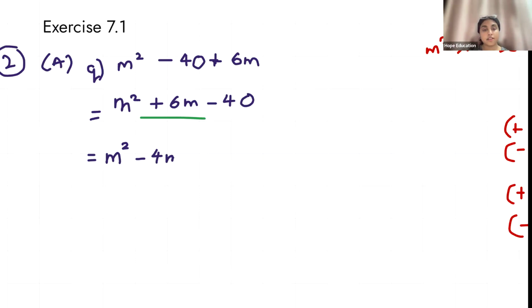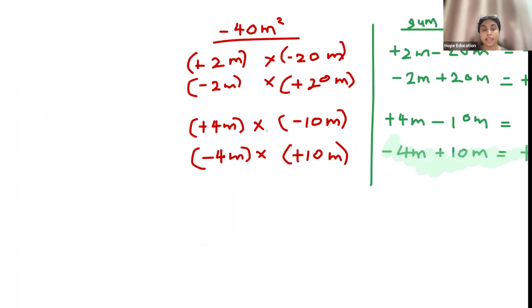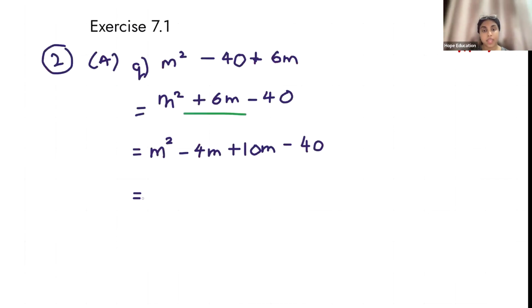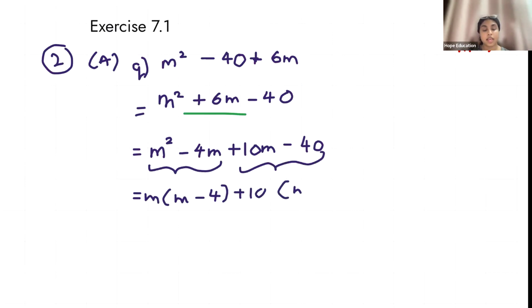Now, if you take the first two terms, we have m common, I take m out, then we have m minus 4. Then we take the last two terms, we have 10 common, I take 10 out, then we have m minus 4. Then m minus 4 in one bracket. Outside, we have m plus 10. M plus 10 goes to the other bracket. Is this clear?